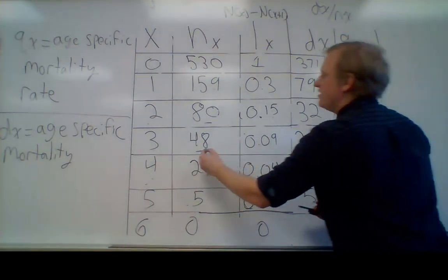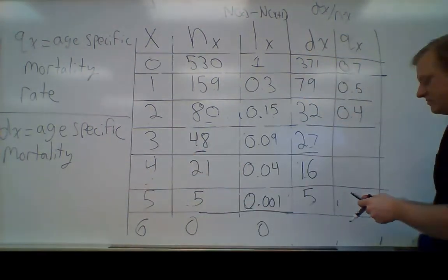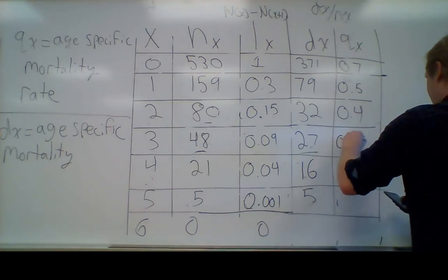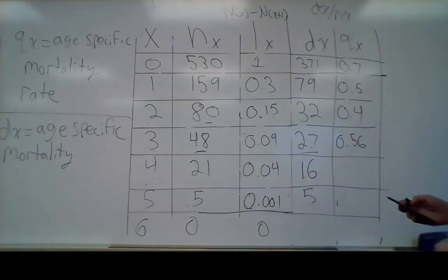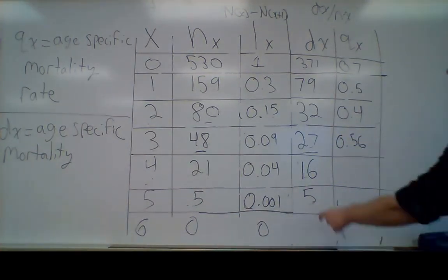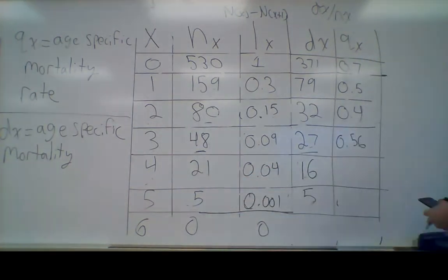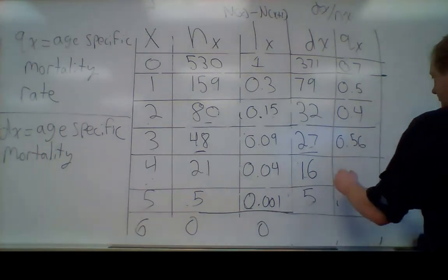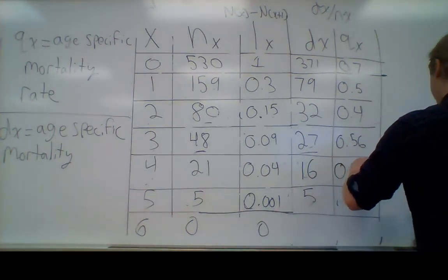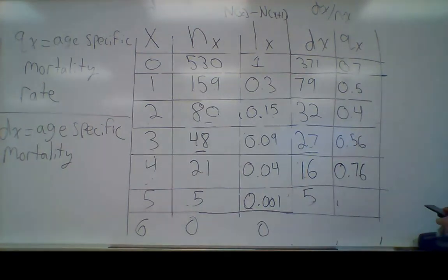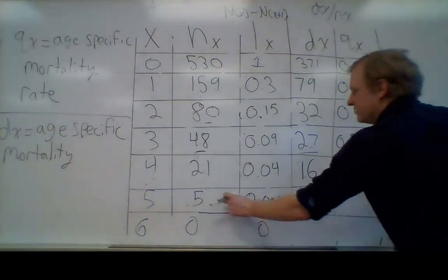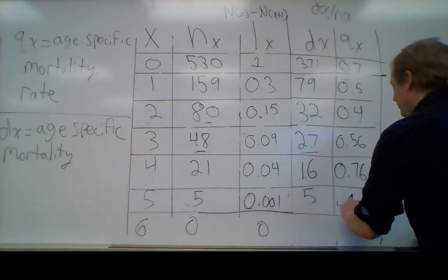We're going to take 27 and divide it by 48. 0.56. We're going to take 16 and divide it by 21. 0.76 or thereabouts. We're going to take 5 and divide it by 5, which gives us an age-specific mortality rate of 1.